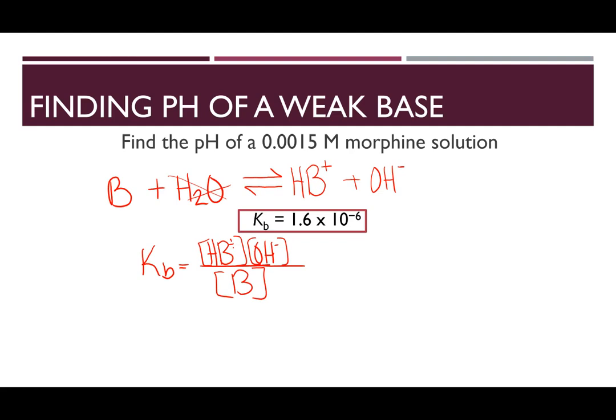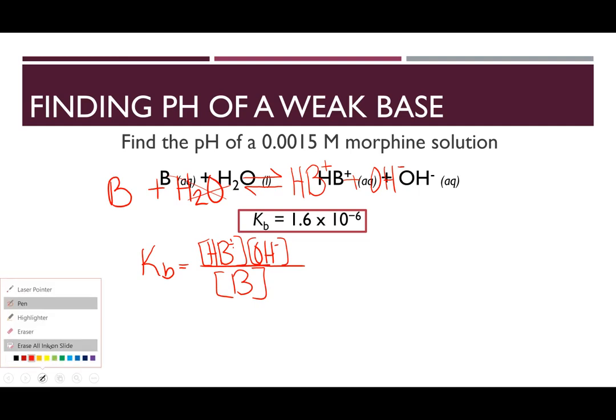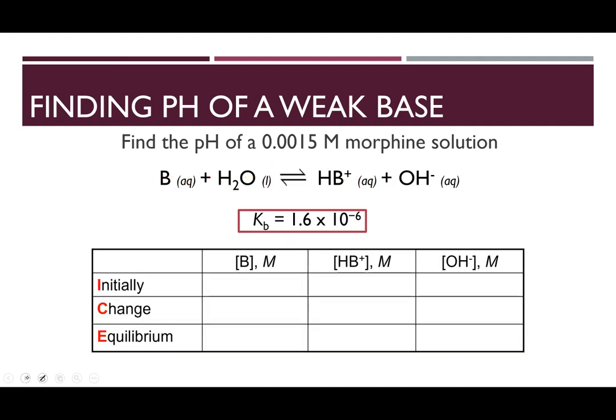Next thing we need to do is draw an ICE table. So I'm going to go ahead and clear all my messy writing and put in a nice pretty ICE table. So again, the ICE table is just going to be the pieces of this equation that we're interested in. Okay. The purpose of this exercise is that eventually we want to determine the pH of this. Concentration of the base won't get us there.